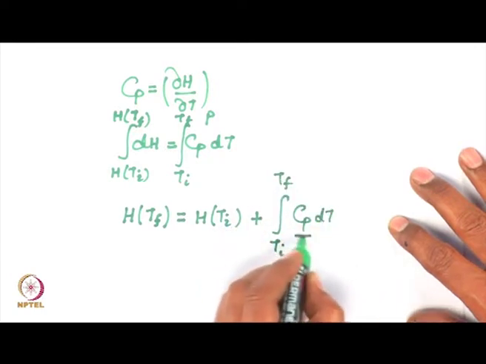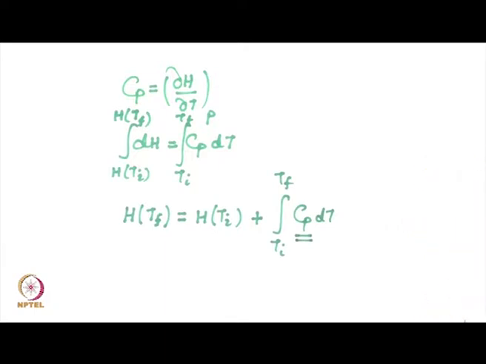Now, depending upon whether the heat capacity at constant pressure is temperature dependent or not, it can either be taken out of the integral or the appropriate expression can be used. Usually, the heat capacity Cp for a very narrow range of temperature can be considered temperature independent, and very safely and very accurately this can be done for an ideal gas.